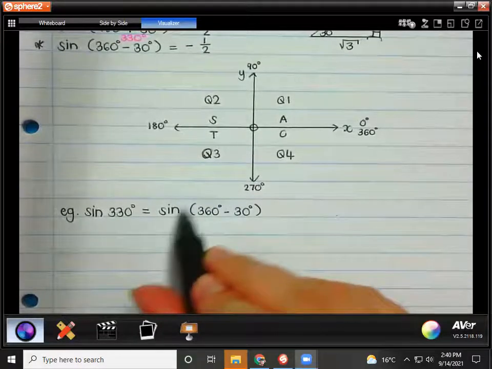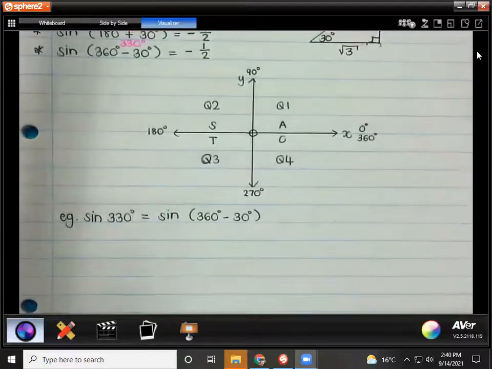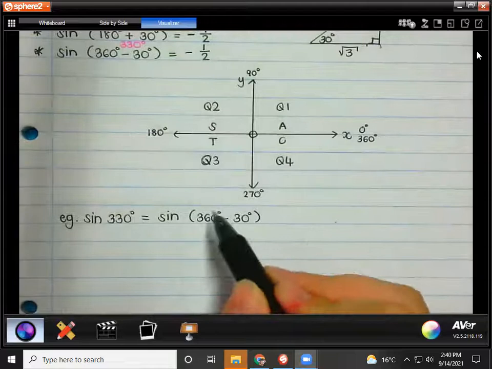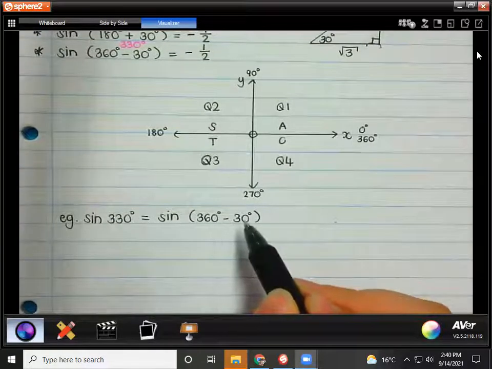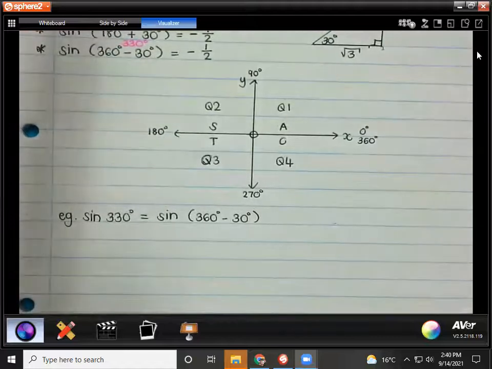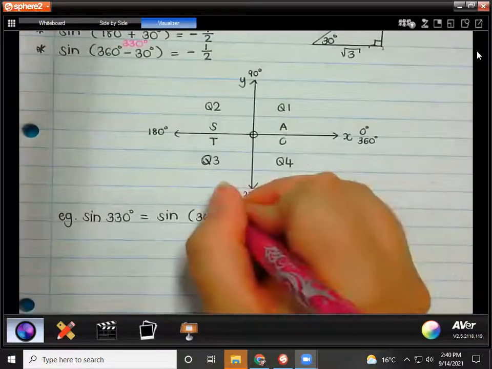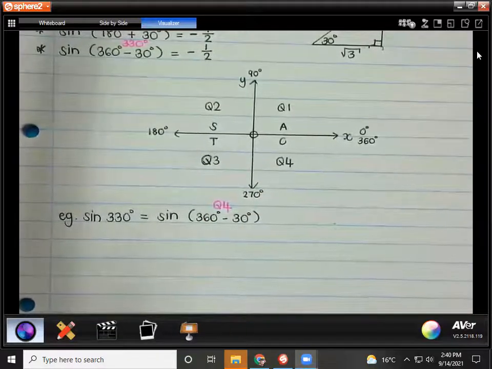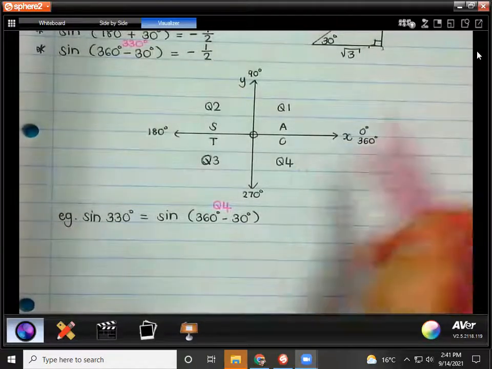And then using reduction formula, which we are going to practice a bunch, so don't worry if it's a bit confusing. We're going to say, okay, 360 minus 30 degrees, what quadrant is this in? What quadrant is 360 minus 30 in? It's in quadrant 4. Then you're going to ask yourself, what sign does sine have in quadrant 4? Is it positive or is it negative? Negative.